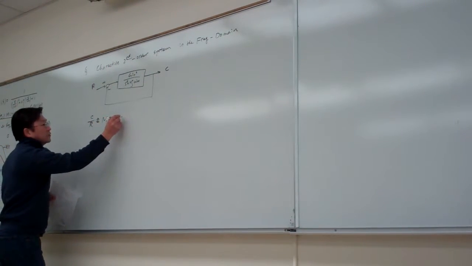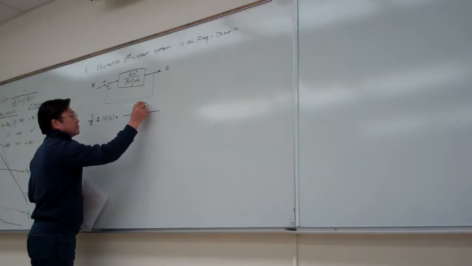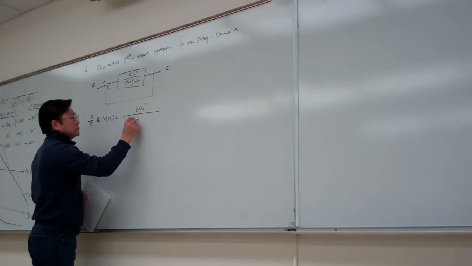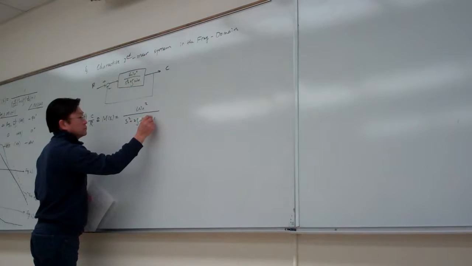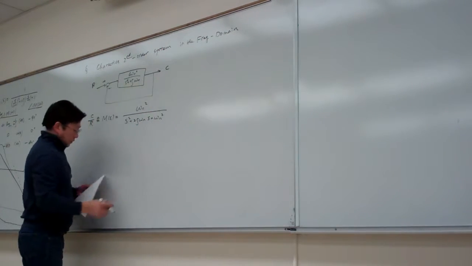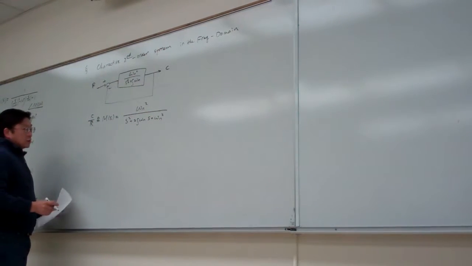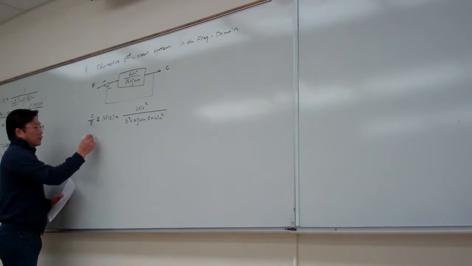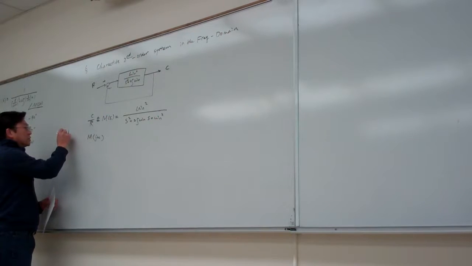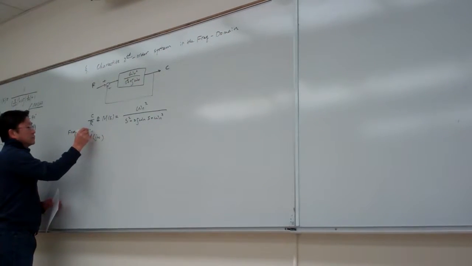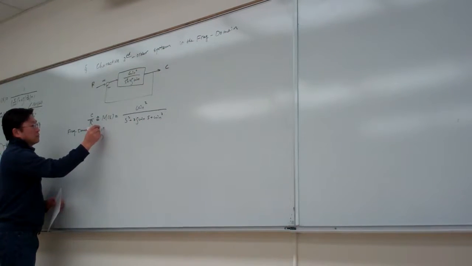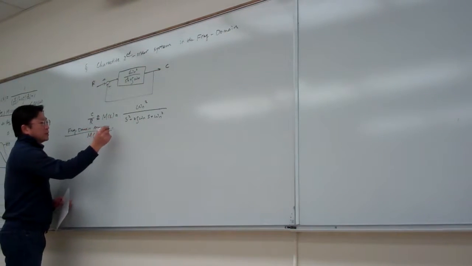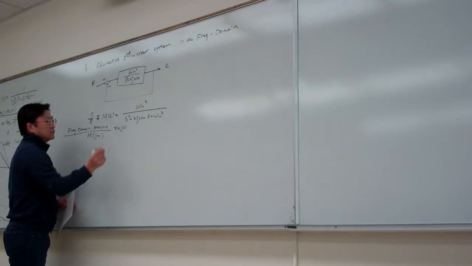Okay, so for this one, the transfer function C over R, and here we define it as our M of s, and this one is equal to this. And so here we can rewrite the whole thing, and before we do the frequency domain analysis, we introduce s equal to j omega.